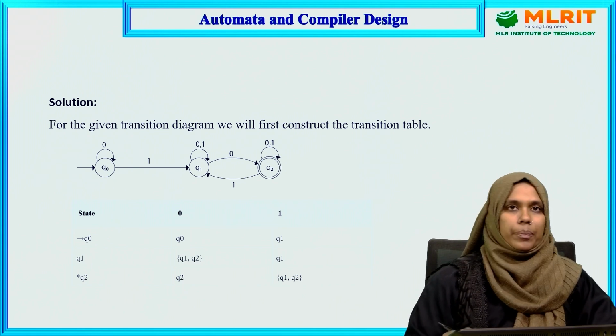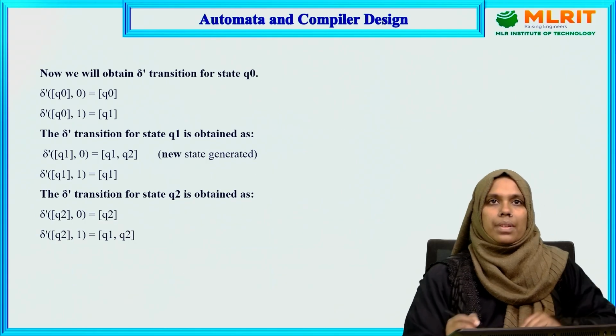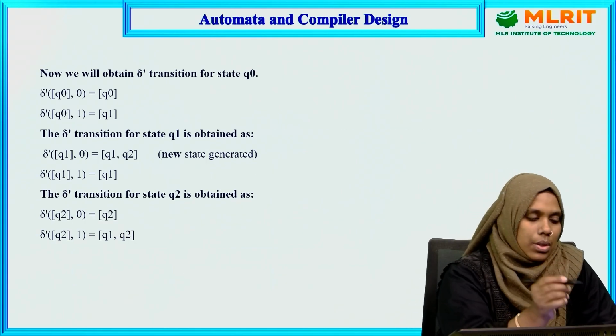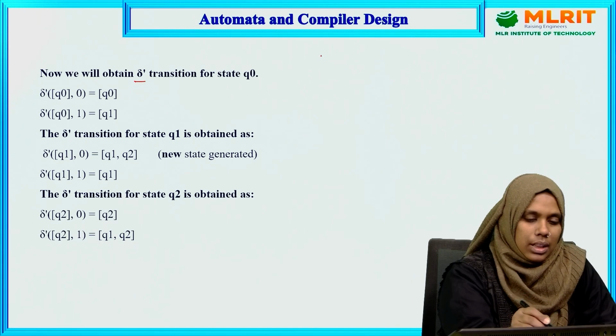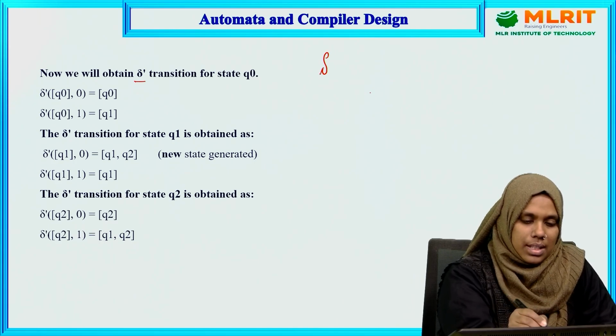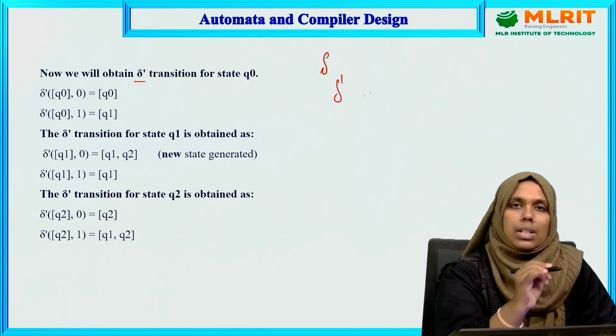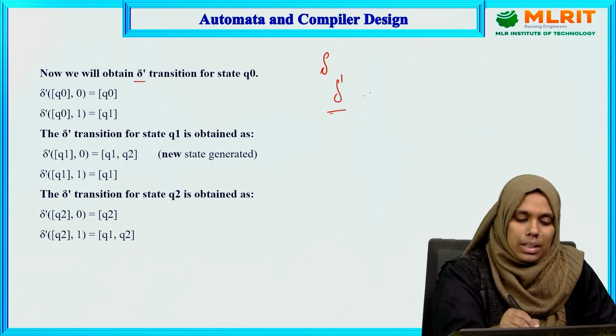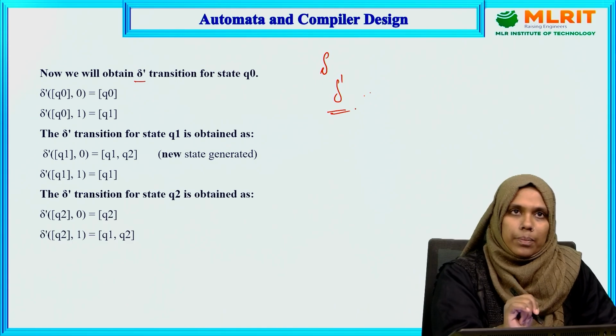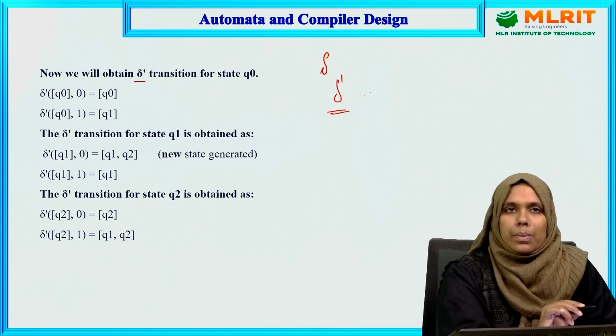So this is the transition table for the above transition diagram. Okay, next step: now find the transition function. Generally we denote the transition function with this symbol. As we are converting NFA to DFA, we use the transition function with the delta dash symbol. It is very simple to understand.